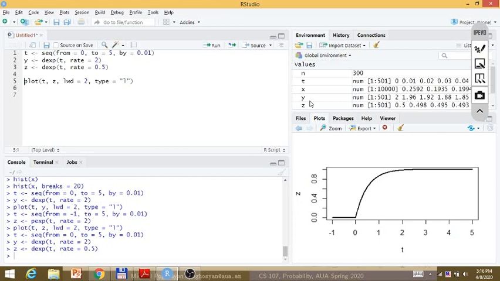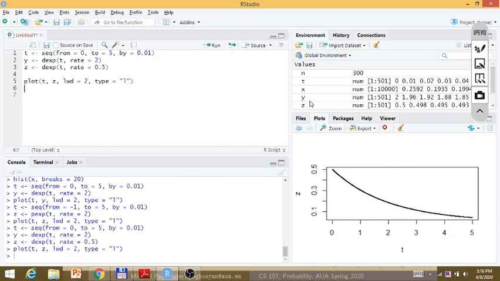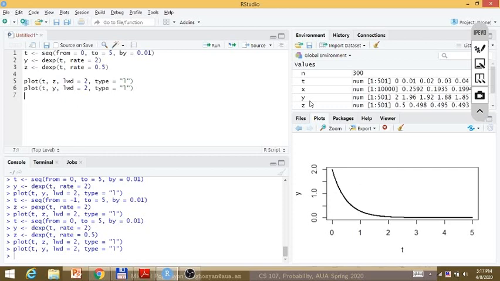I'm plotting t, z. Okay. I'm copying this. Control C, Control V, and I'm changing to y here. Well, this will not plot on the same graph, so I will have this kind of thing.